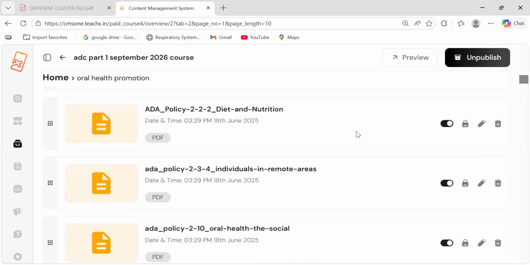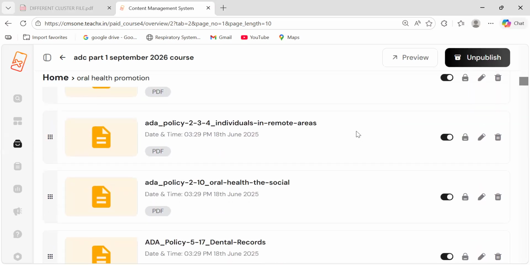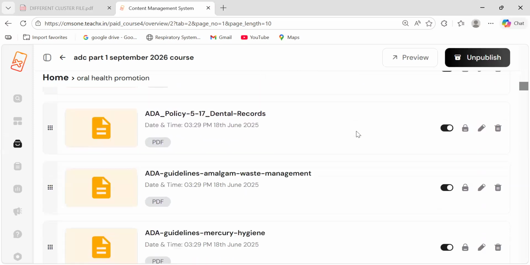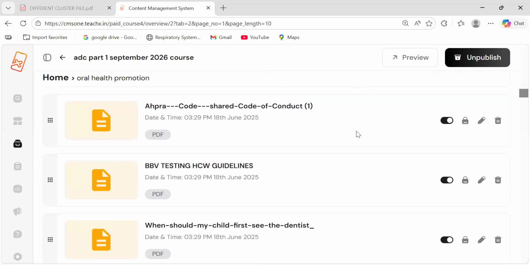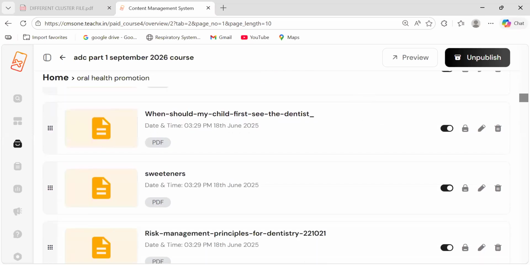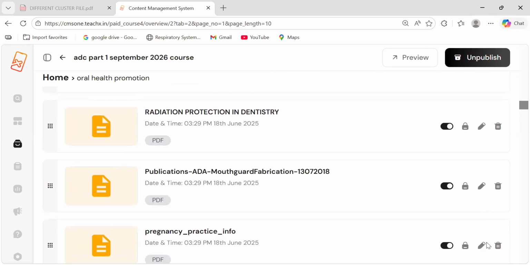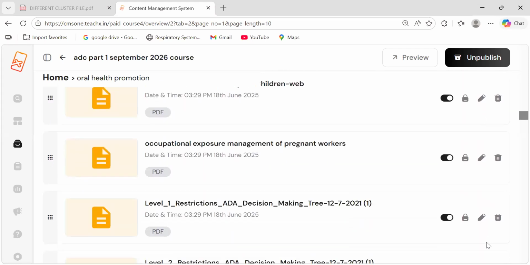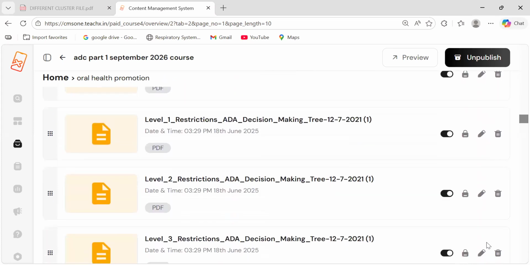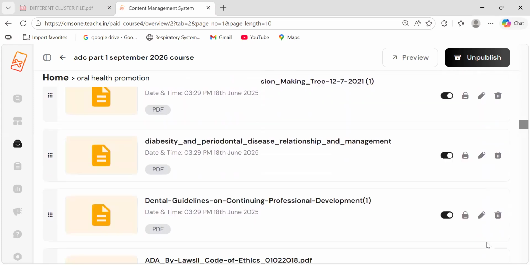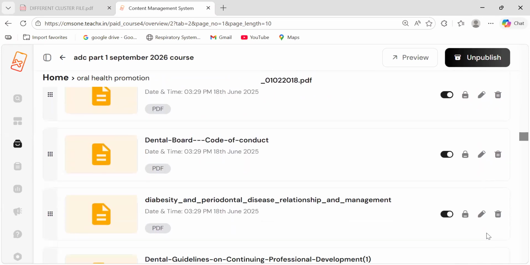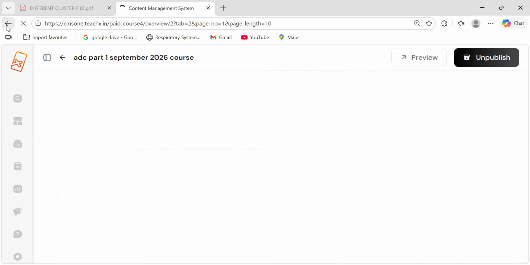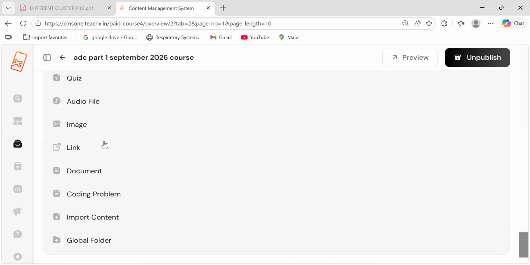Diet and nutrition, what you provide in the remote area, amalgam waste management, code of conduct, mercury management, child abuse, sweetener, radiation protection, mouthguard policies, exposure management in the pregnant patient, different restrictions in COVID, diabetes and periodontitis. There are nearly 80 articles given for the health promotion cluster.